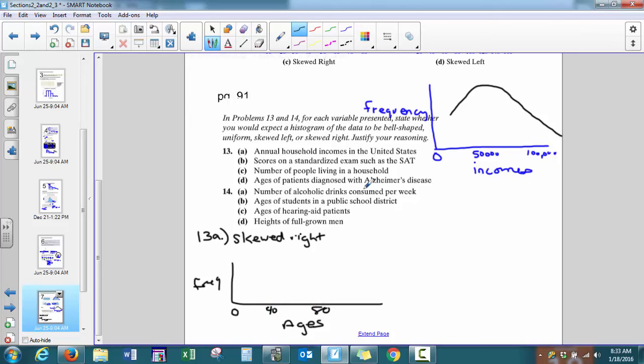People who are diagnosed with Alzheimer's normally are in the upper age bracket. So there are more people, a higher frequency of people diagnosed there than on this side. So this would be skewed left. There are less people on the left-hand side who are diagnosed with Alzheimer's for 13D.